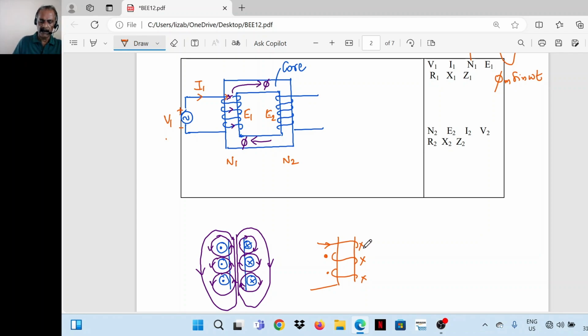For this current direction, what is the direction of flux? If this is the direction of current through the conductor, it will produce a flux like this.